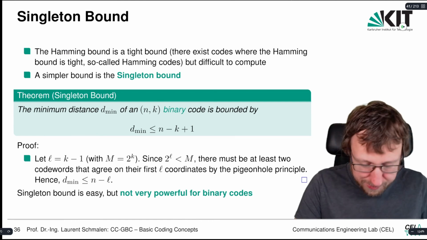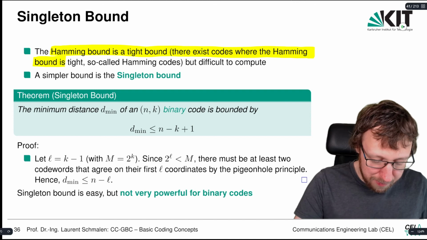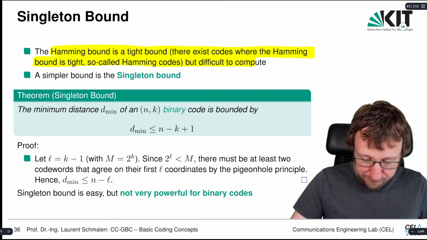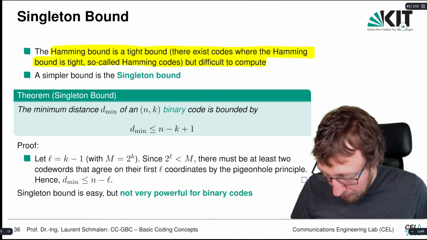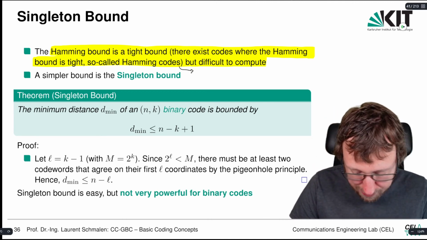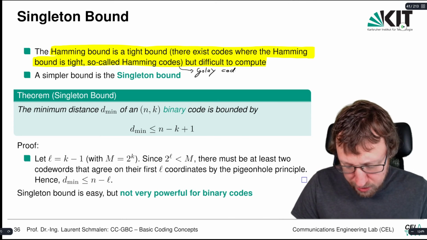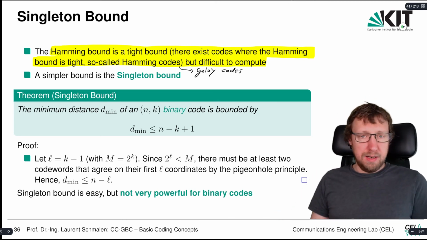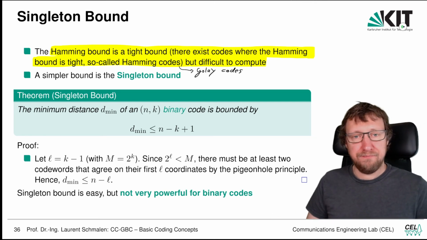So it means there exist codes that achieve the Hamming bound, and these are so-called Hamming codes. But other examples are Golay codes, which are not part of this course, but part of the next semester course.